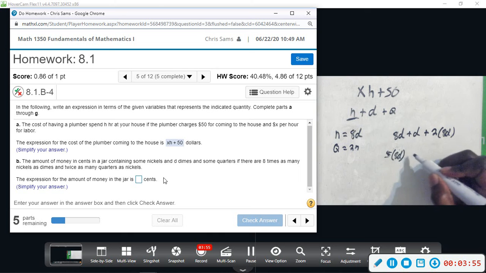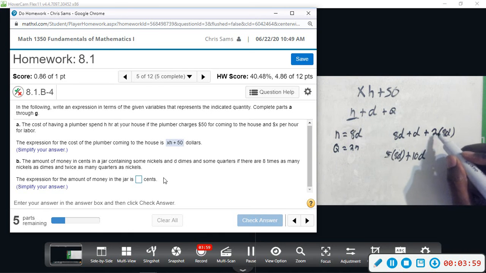Okay, a dime is worth 10 cents, so we're going to multiply 10d, and then a quarter, so let's go ahead and do 2 times 8 to give us 16. A quarter is worth 25, so we're going to say 25 cents times 2 times 8d, which is 16d.